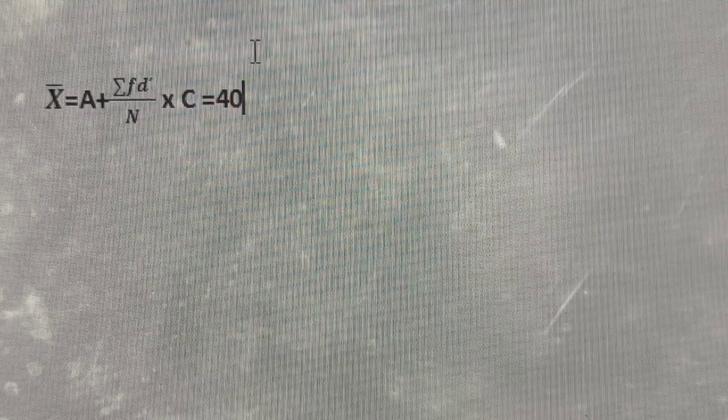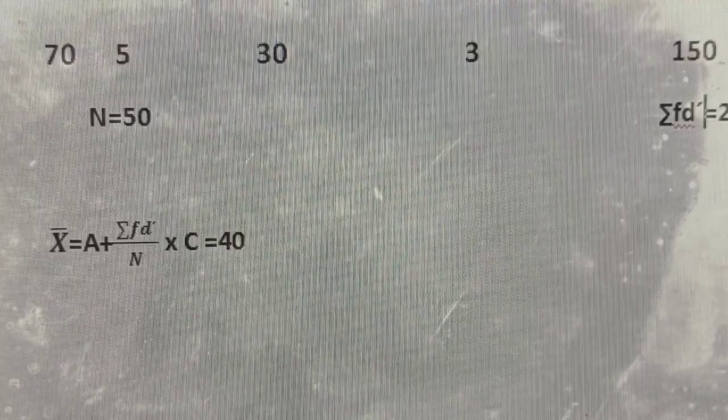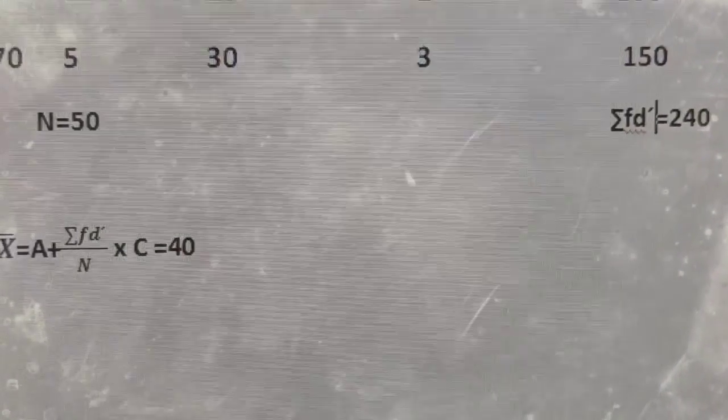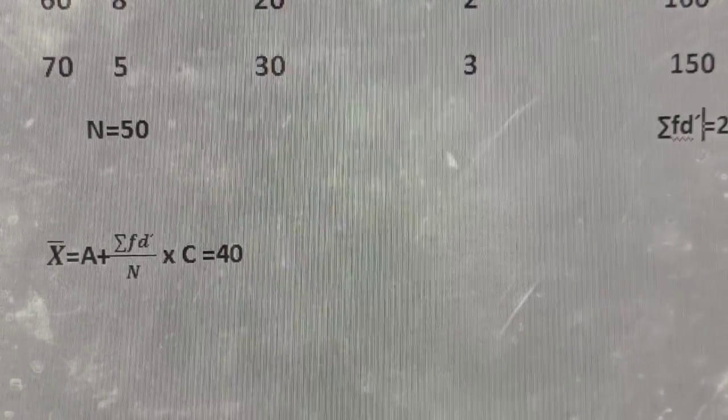A we have got as 40. Then summation FD dash equals to 240.